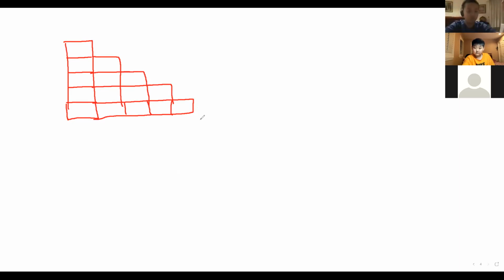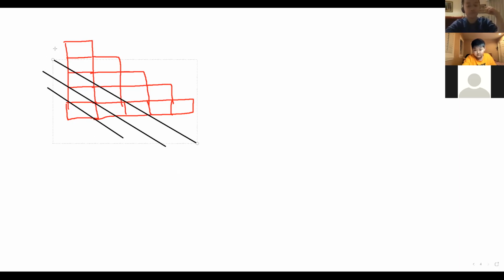But what you want to do is look at all of these blocks in diagonals, right? So if I were to draw diagonal lines from here to here, there's one block that crosses this line. There's 2 blocks that cross this line.